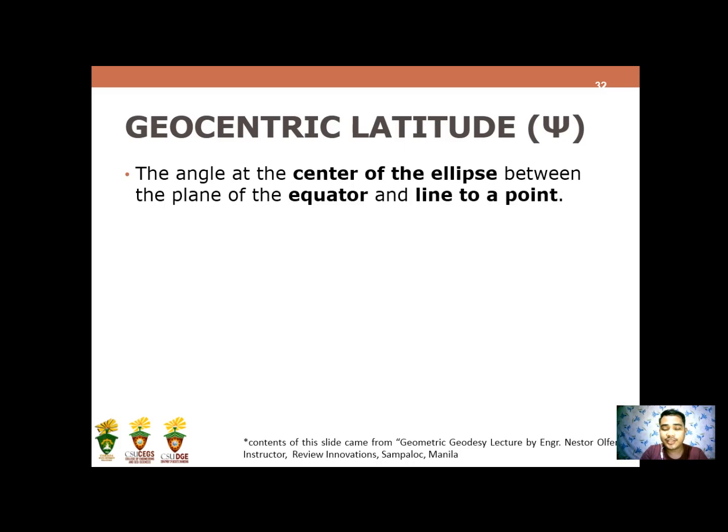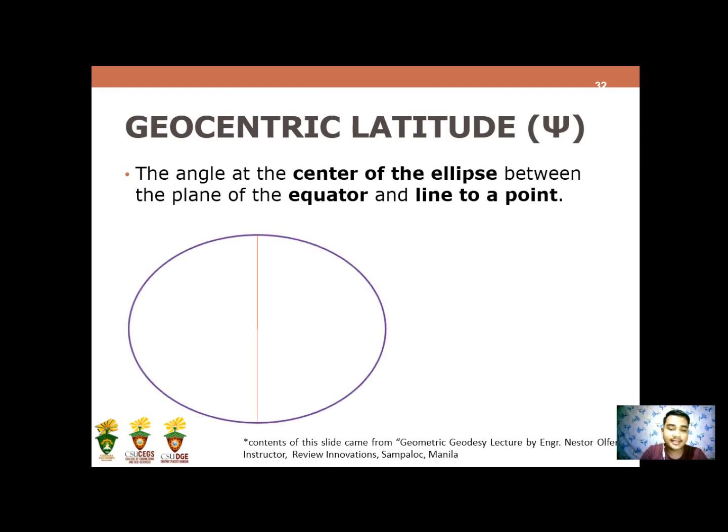Let's go now to the geocentric coordinate system. For the geocentric latitude, from our previous discussion, this is its definition: it's the angle at the center of an ellipse between the plane of the equator and the line to a point. So let's look at the ellipse.